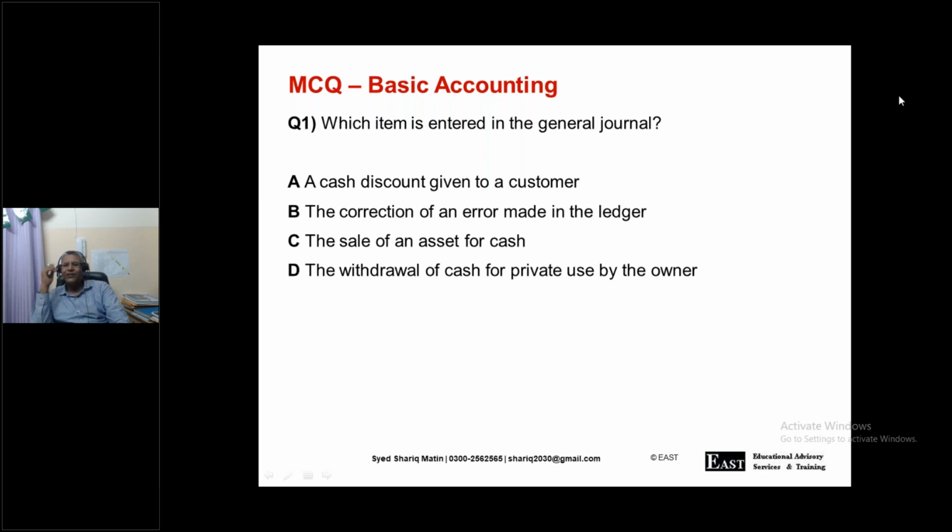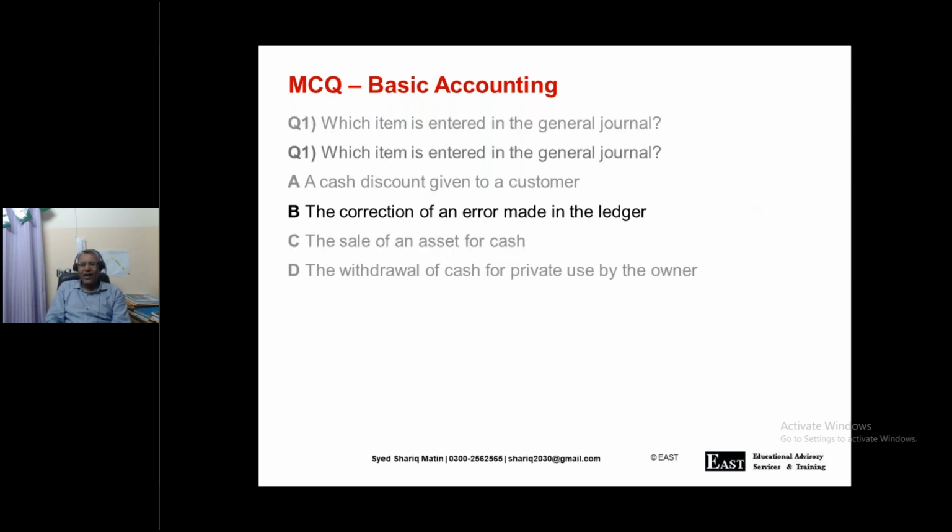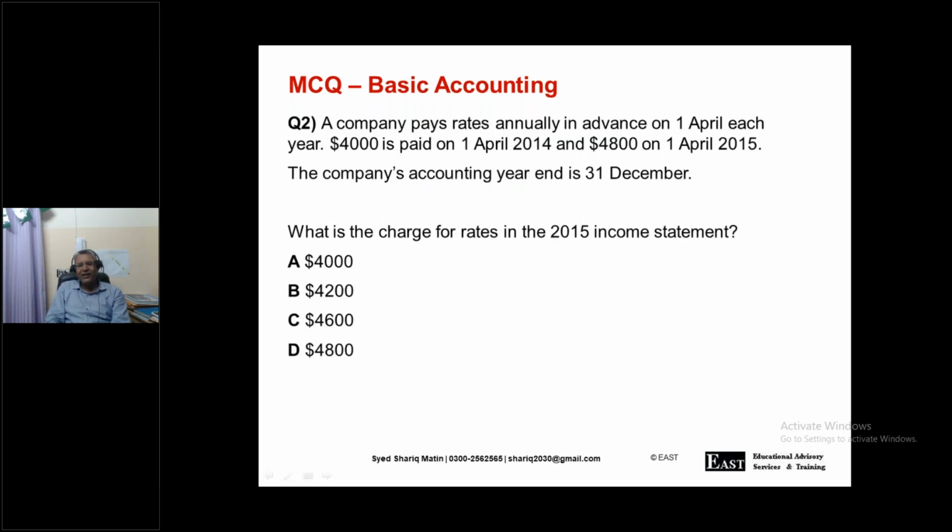Right. Okay, let's move on to the next one. That's interesting. You have to calculate the expense for the period. Keep in mind that your year starts on January the 1st and it ends on December the 31st, right? And you're making two different payments. One payment you made in 2014, and that is 4,000, and the date of payment was April the 1st.